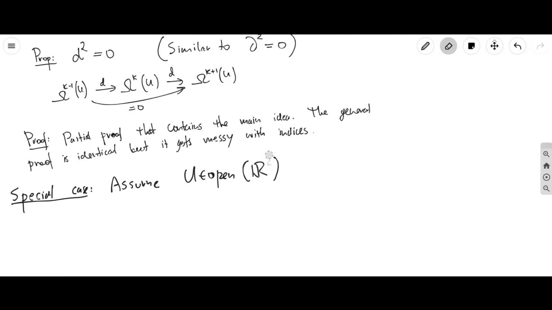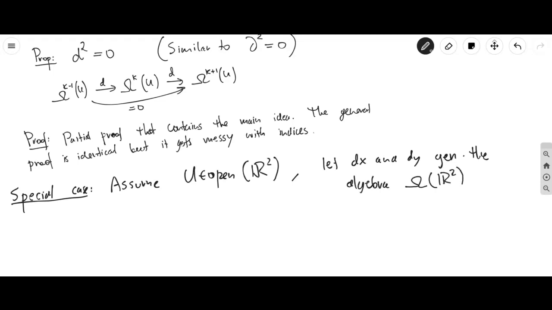In general, if you do this with n variables, it's the same thing, there are just more indices. And you're going to let dx and dy generate the differential form algebra on R2, I'm sorry, on U.